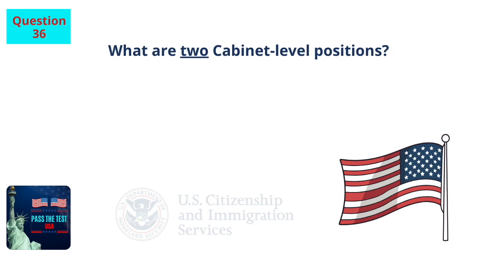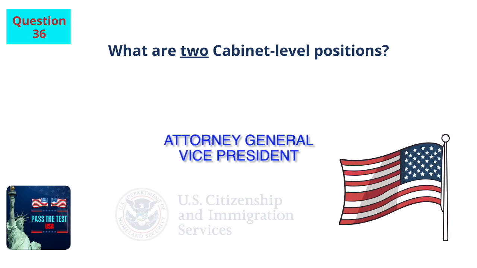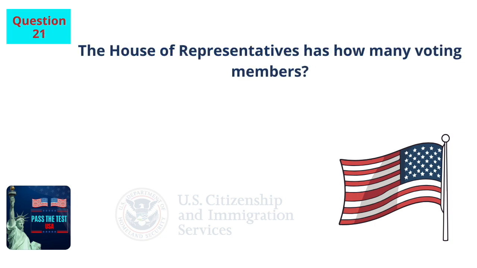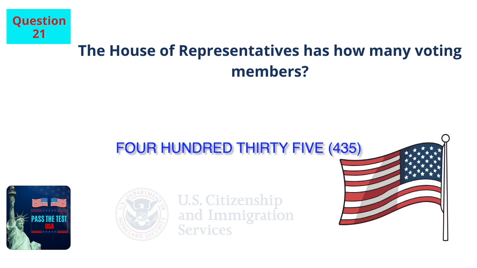What are two cabinet-level positions? Attorney General. Vice President. The House of Representatives has how many voting members? 435.